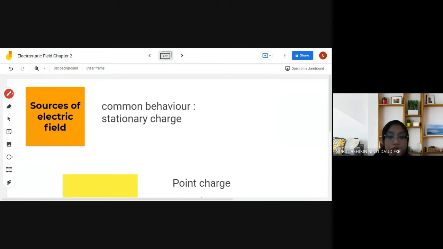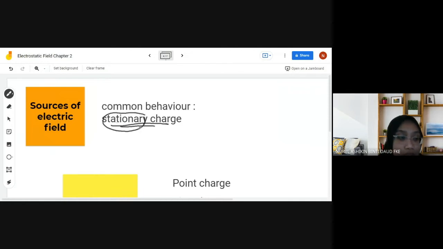Before we go into detail on the 4 types of sources, let's look at the common behavior of electric field. We said that the common behavior of electric field is always a stationary charge.